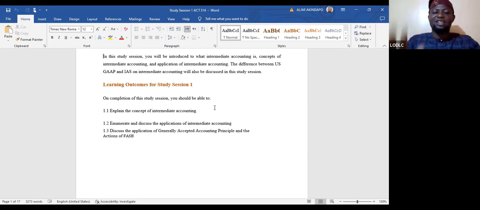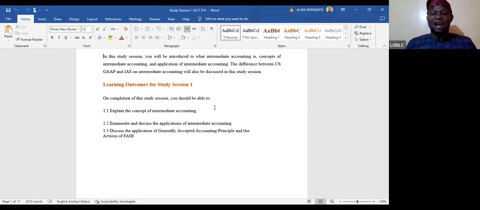At the end of this topic, students should be able to boldly say that they understand what the concept of intermediate accounting is all about, the application of intermediate accounting, and lastly, the application of generally accepted accounting principles and the actions of FASB. Then if you look at this learning outcome, we discover that it is concise.